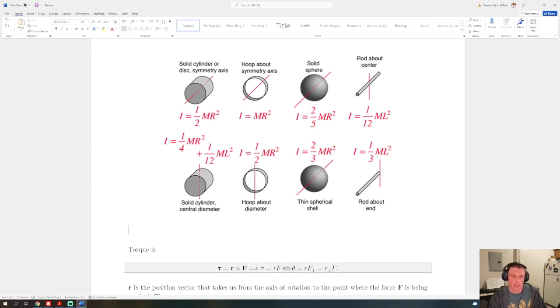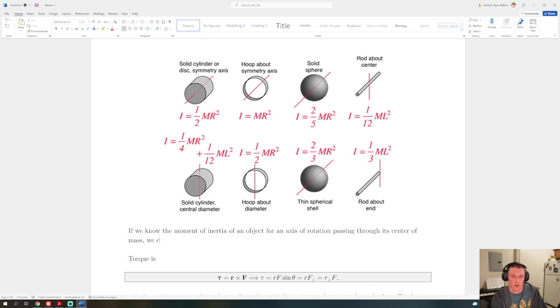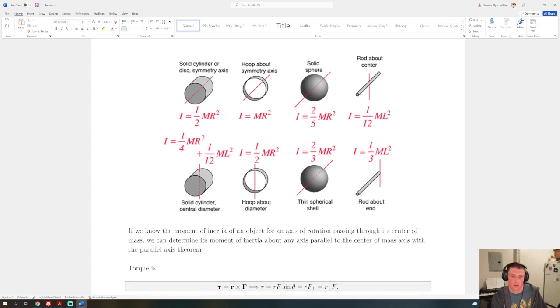So let me say, if we know the moment of inertia of an object for an axis of rotation passing through its center of mass, we can determine its moment of inertia about any axis parallel to the center of mass axis with the parallel axis theorem, which is like this, right?